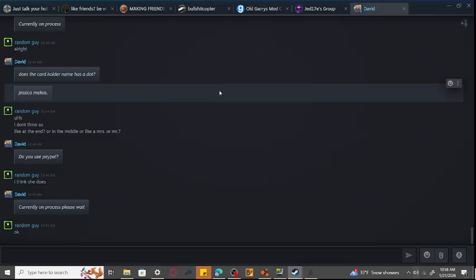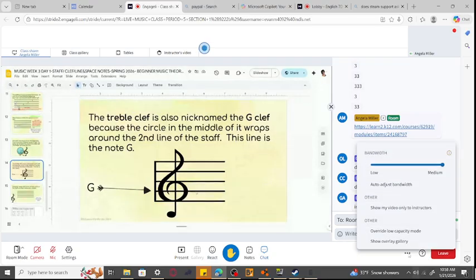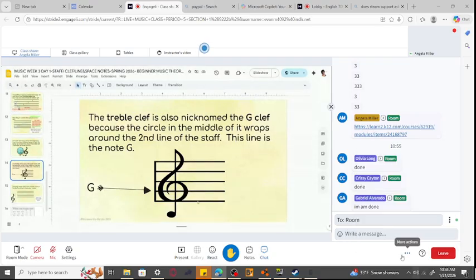It wraps around the second line of the staff. So here, see where it hooks? Look, it's hooking right around this line, which we know when we count from bottom to the top is line 2, right? 1, 2. And for those of you who've ever learned the pitches, every good boy does fine. Every good, line 2 is G, right? So we sometimes call that the G clef.